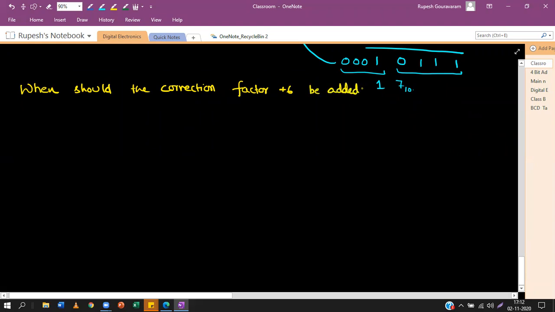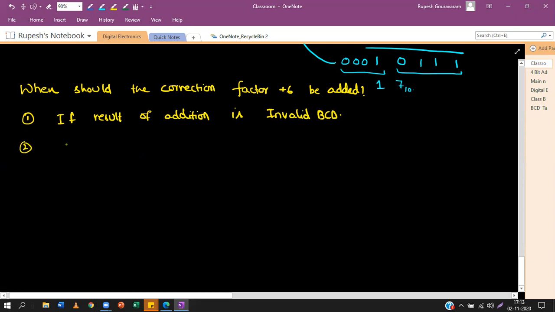In two cases it can be added. First case, we have seen: if the result of the 4-bit binary adder, that is, the result of addition, is invalid BCD, then we add plus 6.